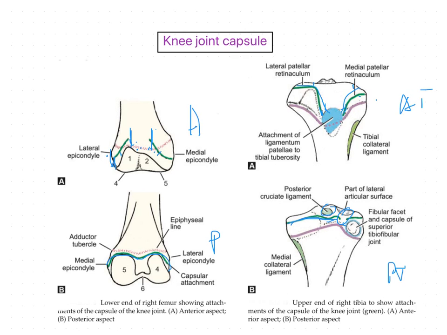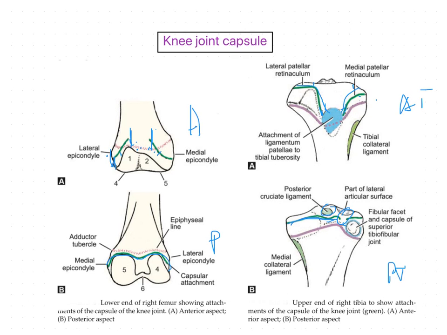So these are all the attachments of the knee joint capsule. Overall, it is attached about half to 1 centimeter beyond the articular margins, and it has some deficient places on the anterior aspect, both in the femur as well as in the tibia.